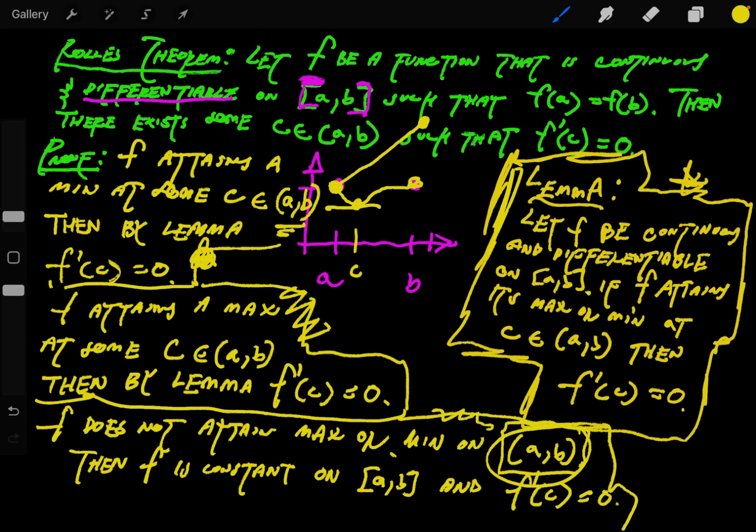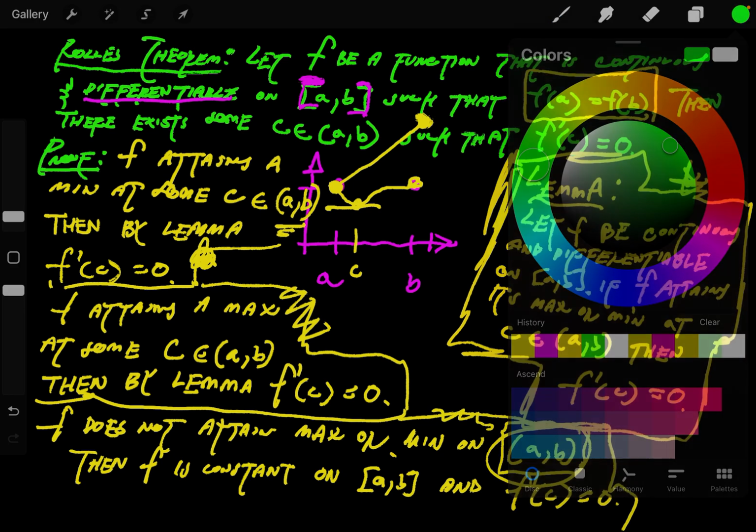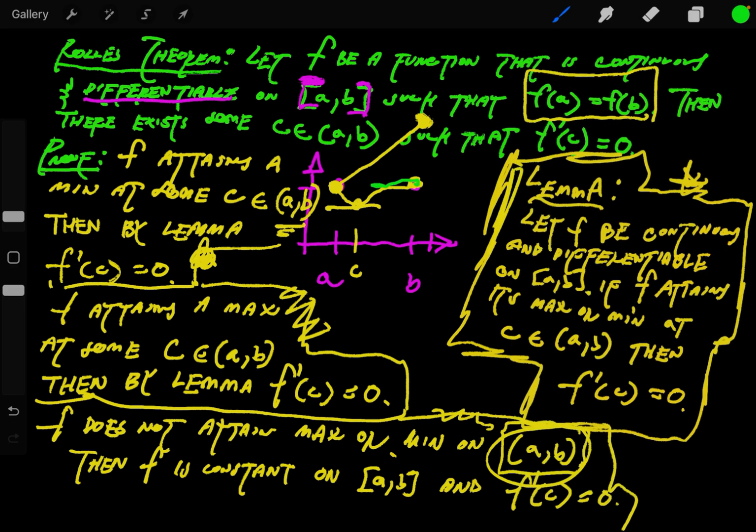Its min would be at A and its max would be at B. But since we have this added condition of f of A equaling f of B, it must be the case that it just goes straight across, in which case the derivative is 0 everywhere, and Rolle's theorem is still true.